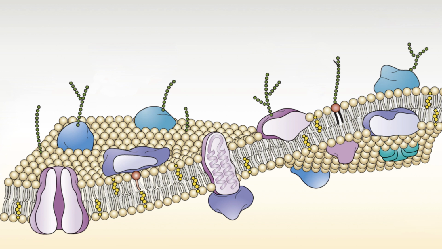Most you can see appear embedded within the bilayer, or pass through the bilayer, and so are referred to as integral proteins. Other peripheral proteins are not embedded in the bilayer, but attached to the plasma membrane, often to integral proteins on either the external or the internal surface of the plasma membrane.